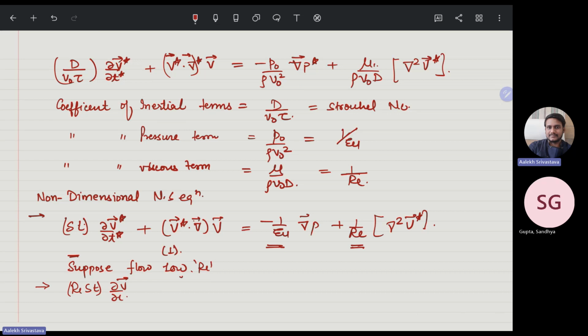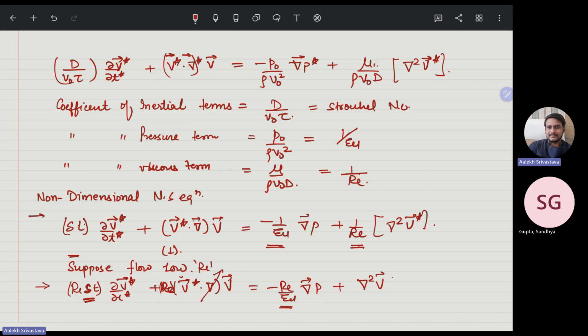Re into St into del V star by del T star, so it is a non-dimensional term, plus V dot gradient into V into Re is equal to minus Re by Euler gradient of P plus. Now, when I'm saying low Reynolds number, this is the coefficient of Reynolds number only. Here it is Re into Strouhal number, but we don't know how much this term is dominating, and also we don't know what is the significance of Euler number.